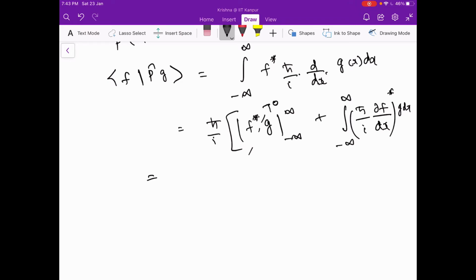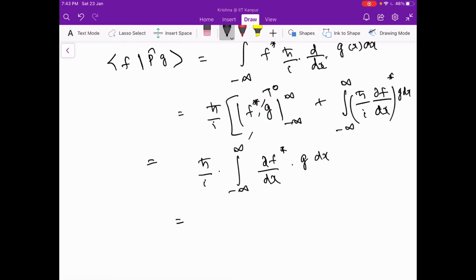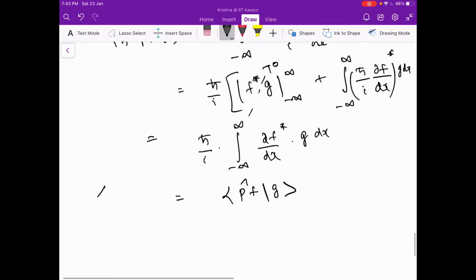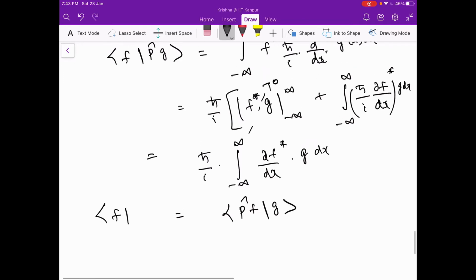All that will be left will be h bar by i, integral from minus infinity to infinity of d f by dx, star, g dx, which is easily understandable as the inner product of p f with g. So I have started with the inner product of f with p acting on g, and I have proved that this is true.